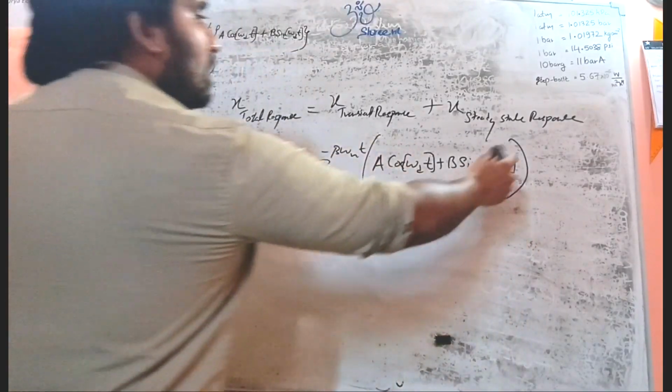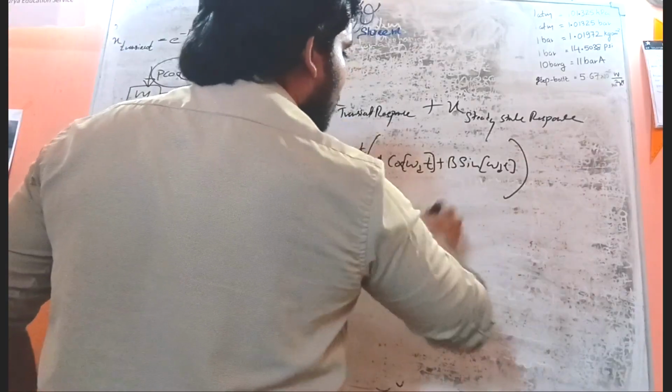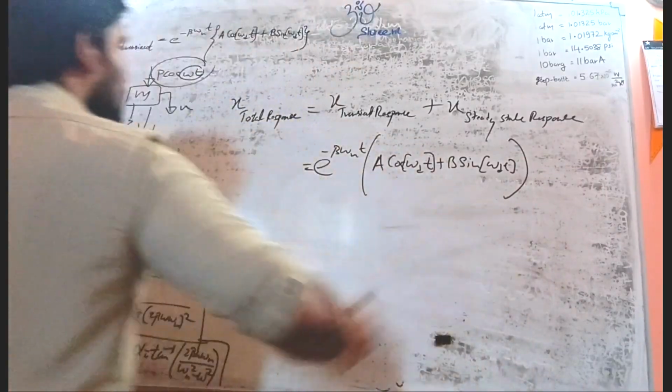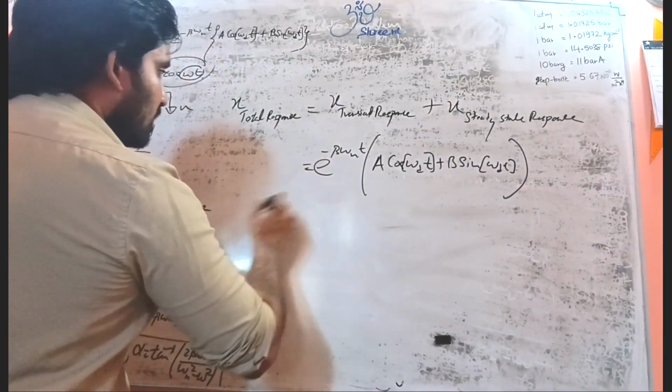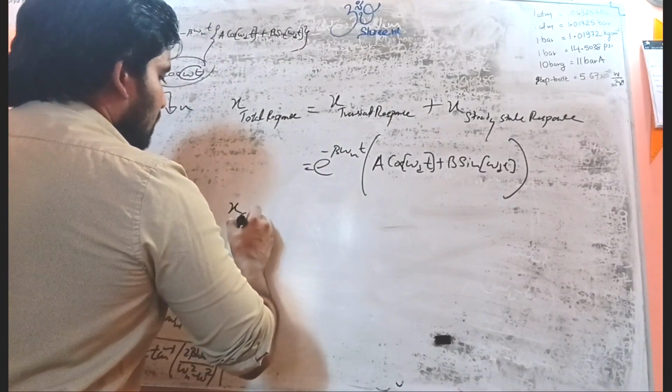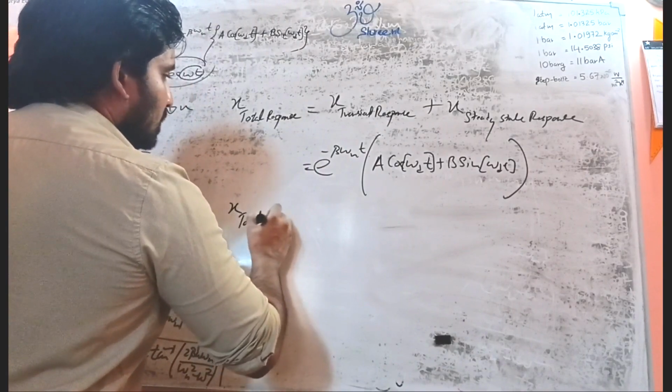Plus, it is better to write it in one line, X total, otherwise you get a wrong idea.